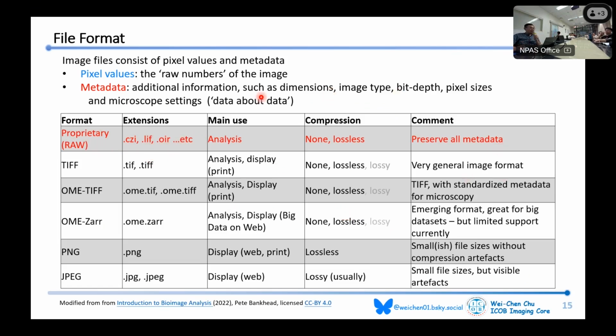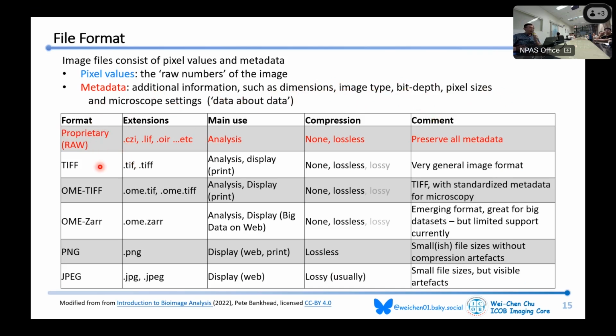Metadata means the additional data recorded, for example, dimension, image type, bit depth, and microscope setting. Those metadata are very important for your publication. Sometimes a paper may check your raw file, so always keep a raw file for your study.